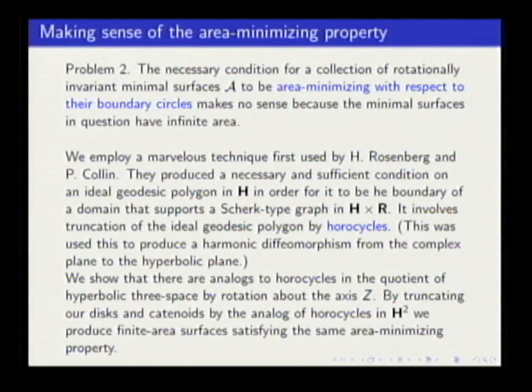You needed some conditions on this geodesic polygon, but all of these geodesic polygons went to the boundary, and they had infinite length. So you cut off by horocycles. And horocycles have a very nice property that I'll tell you about in a minute, that Maze told us about in beautiful detail that allow you to do it. And we use that idea. So let me tell you how we use that idea.